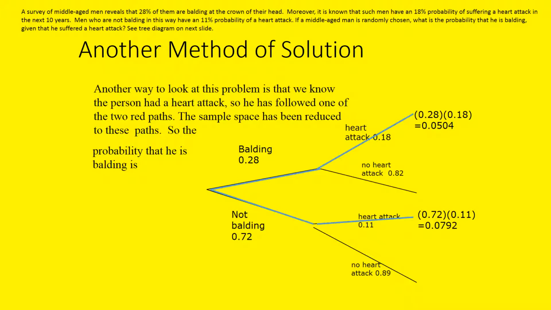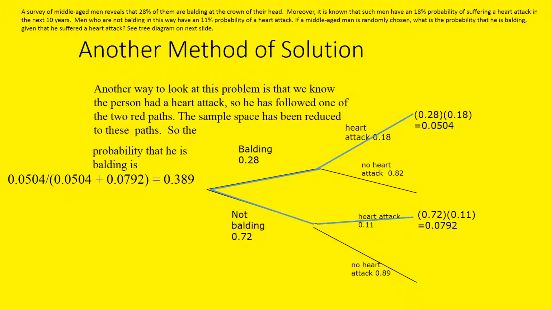So the probability that he is balding is 0.0504. Okay. Given that he had a heart attack, we're only considering the heart attack people. What's the probability of balding?